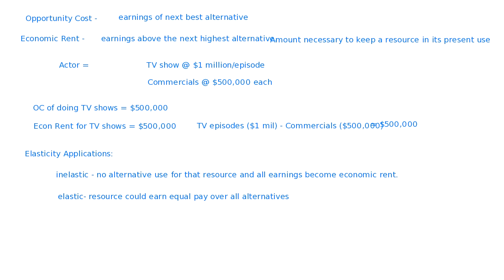And your opportunity cost of that one would be all your earnings, because your opportunity cost, the earnings of the next best alternative, they're all the same. So it's going to be all of your earnings, therefore. So that's how elasticity is applied to that.